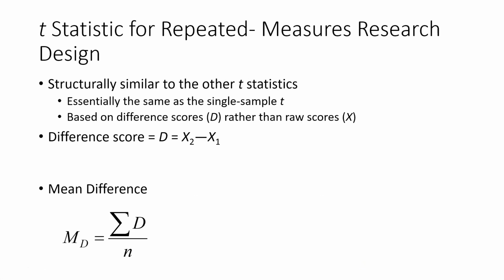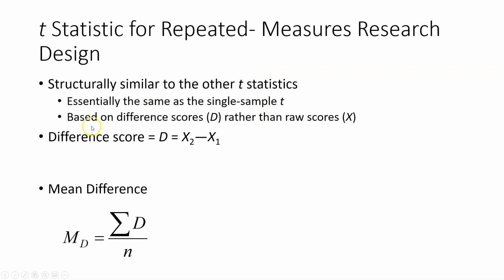Now, the t-statistic for repeated measures design research is structurally similar to the other t-statistics that we've been working with. It's actually virtually identical to the single sample t-test that we did two modules ago.